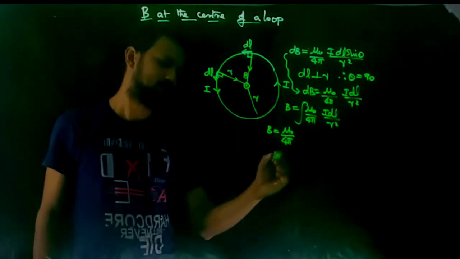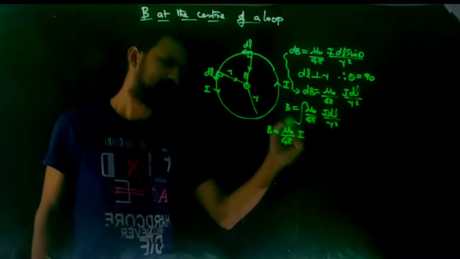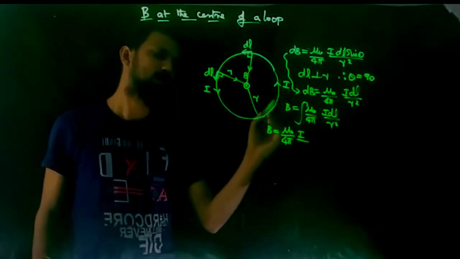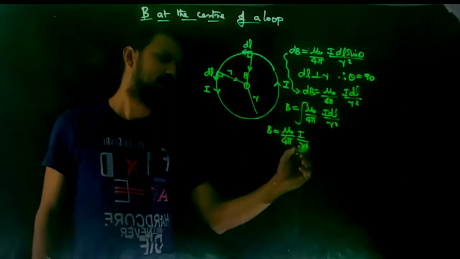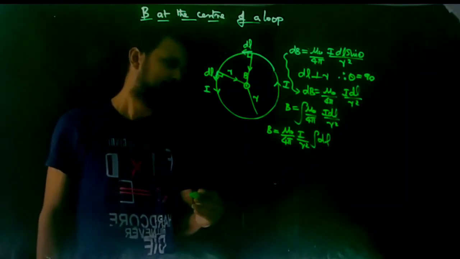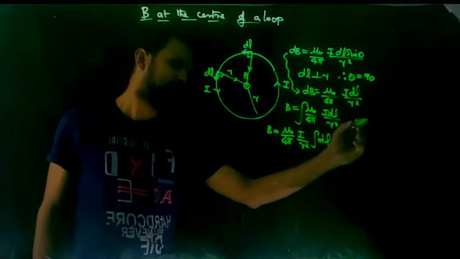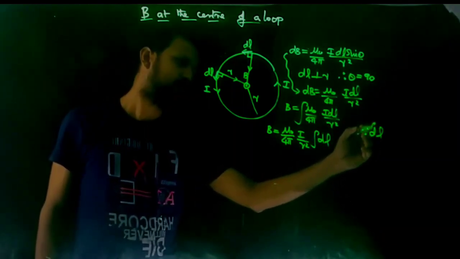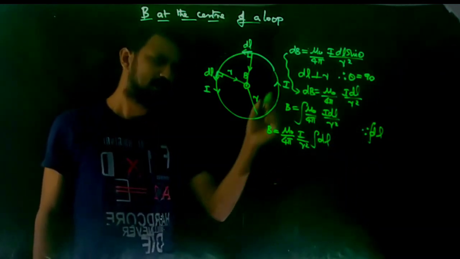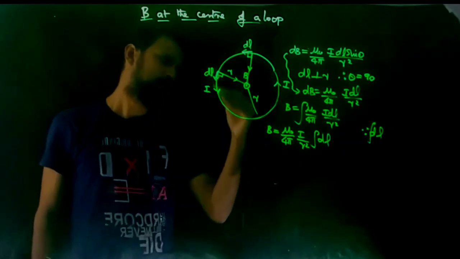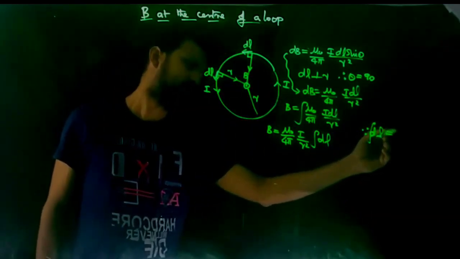I, the current passing through this, is also constant, therefore taken out. r is also numerically a constant, therefore r square is also taken out. The remaining is the integral of dl. Can you say what the integral of dl is? It is the total length of the loop, that means the circumference of the loop. What is the circumference? We know it is 2 pi r.